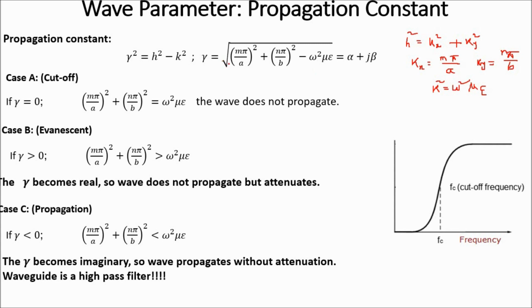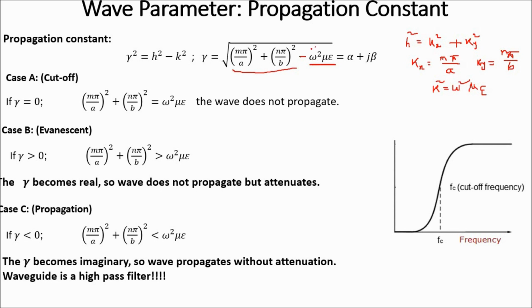The square root of this cannot be a complex number, but it could be either a real number or an imaginary number depending on the frequency, because the frequency term omega square mu epsilon has a minus sign, meaning you have to subtract this value from the other values.